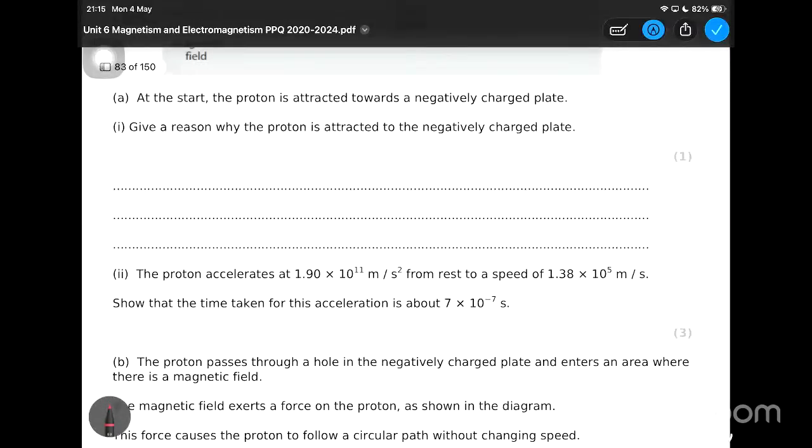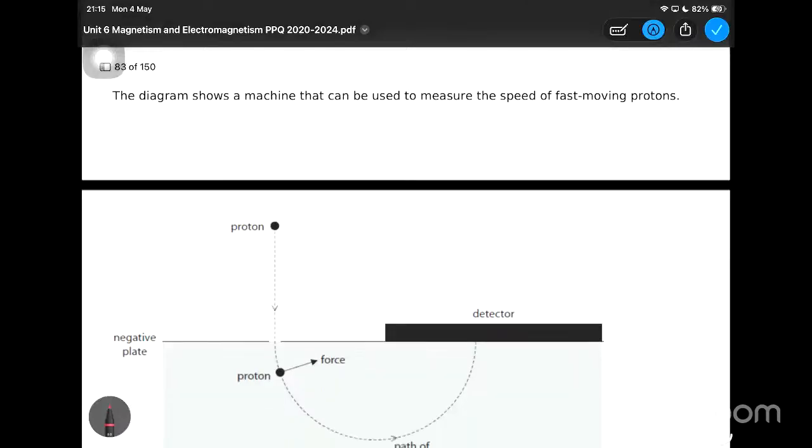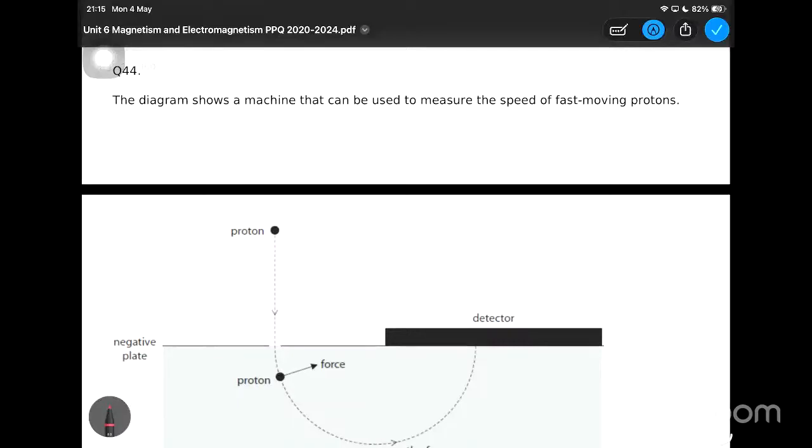Yeah. What about this question? Question 44. Did you give a try? Yes. I'll give you 5 minutes. Just give it a try. Then I'll discuss it, okay? Question number 44.